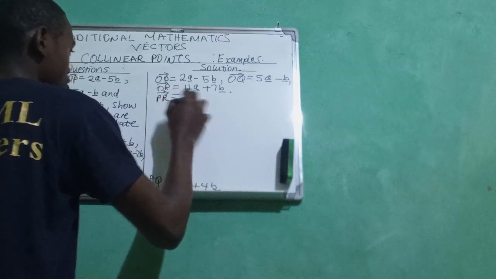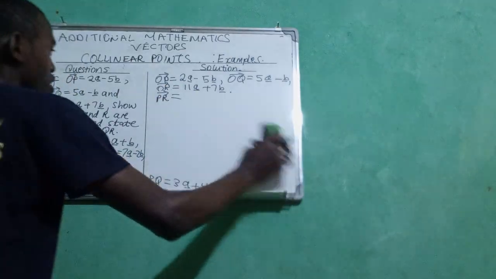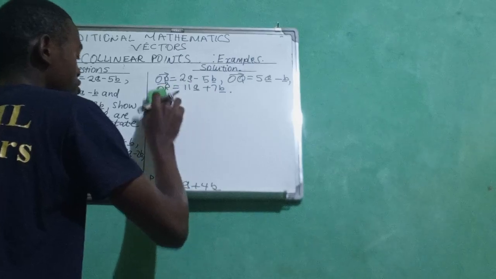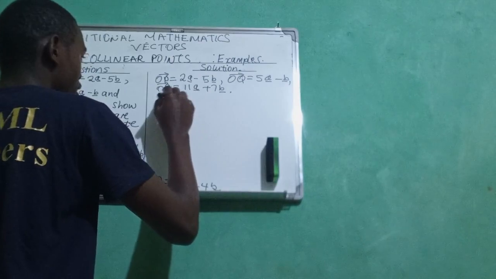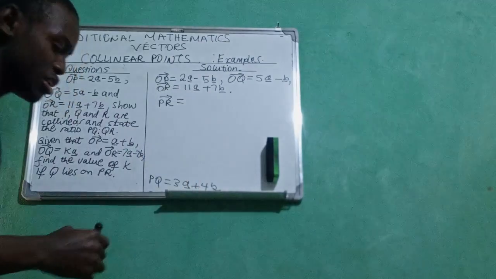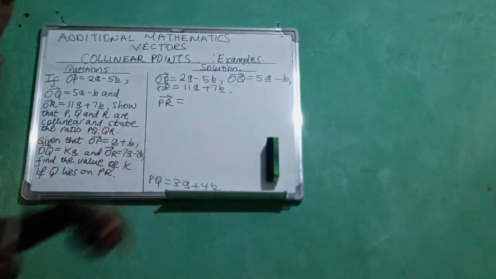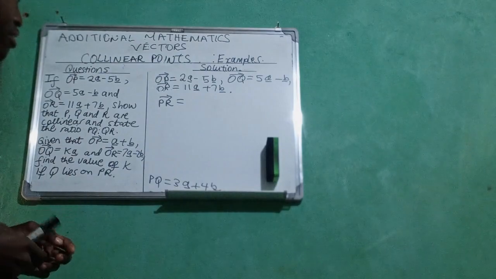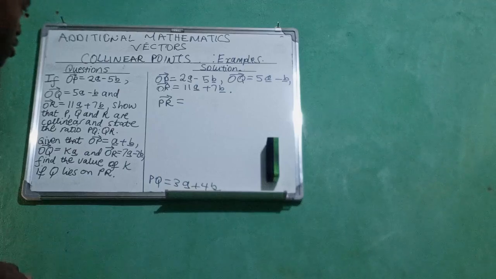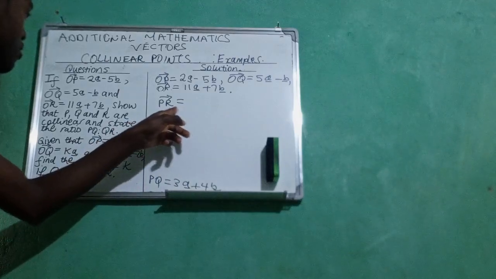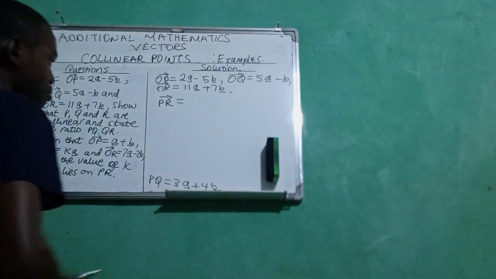What you need to know in this question is that these position vectors help us to show that these points are collinear. Now, when we find the resultant vectors like this, that is when we know that these are collinear.